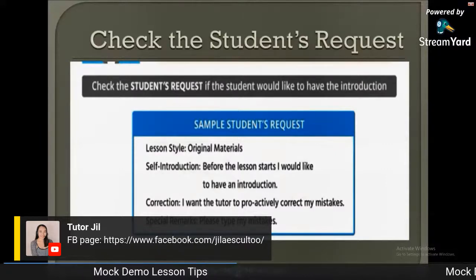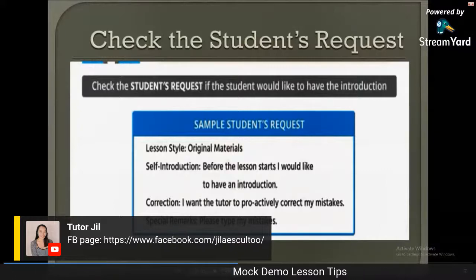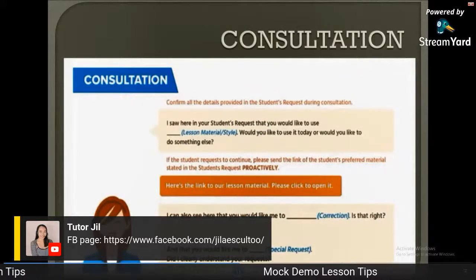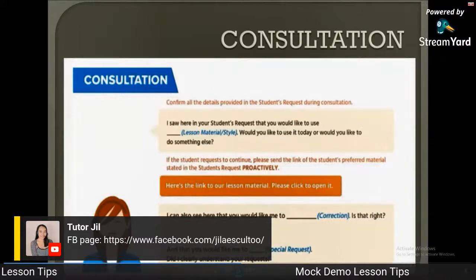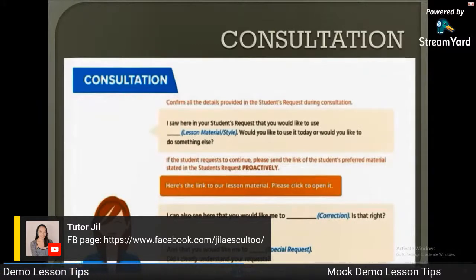Again, this is for your eyes only. It is not necessary to read it word by word, because the consultation part is where you can use your student's request. So again, let us start. I saw here on your student's request that you would like to use original materials.